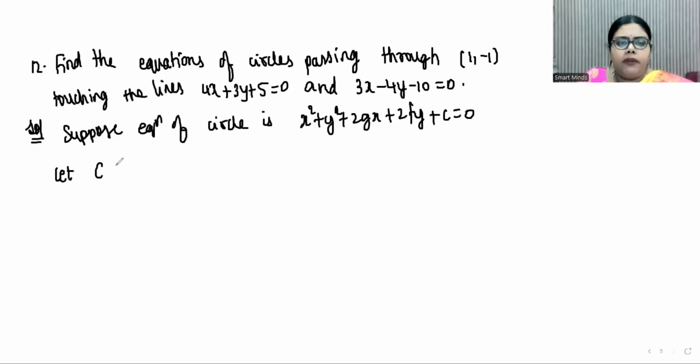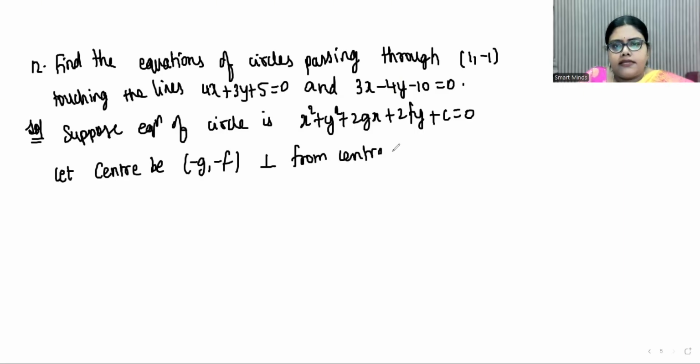Let the center be minus g comma minus f. The perpendicular from the center to the lines should be equal, that is the radius.